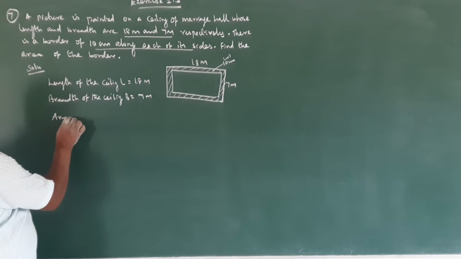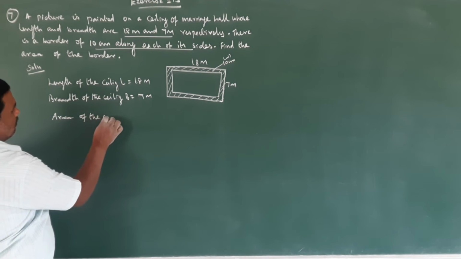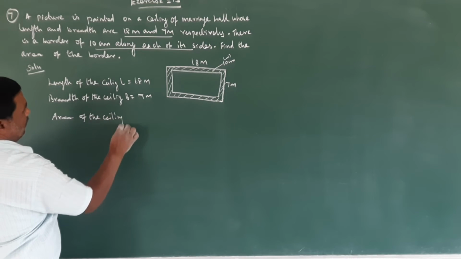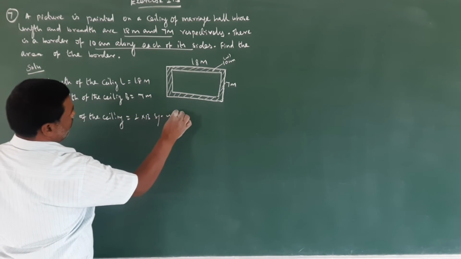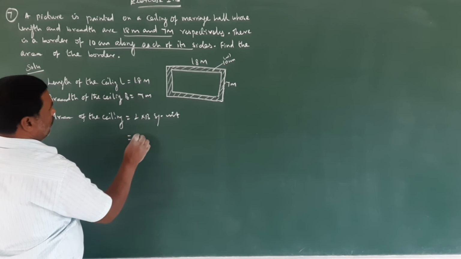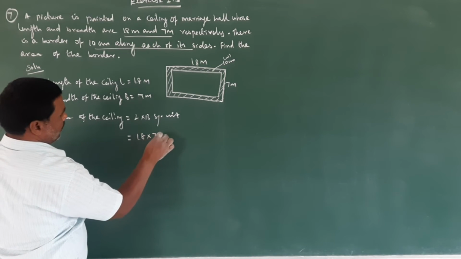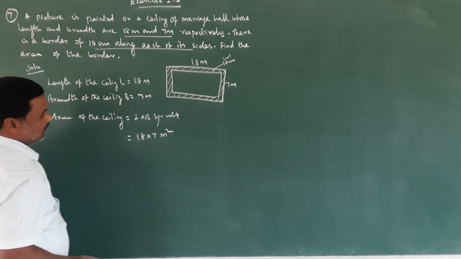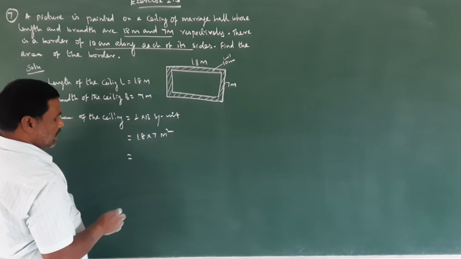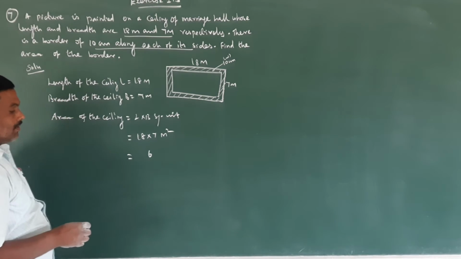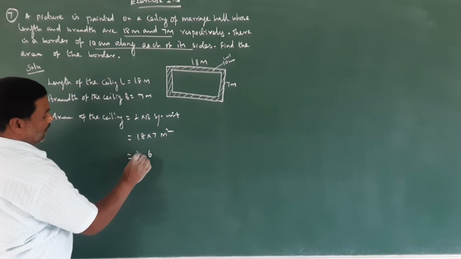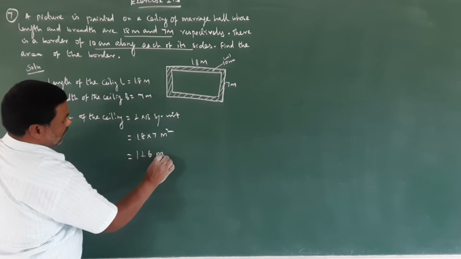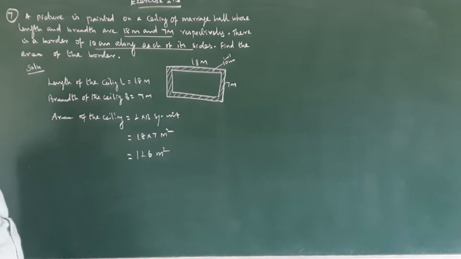Now area of the ceiling equal to L into B square unit. Now 18 into 7 meter square. 8 sevens are 56, remaining 5, 7 ones are 7, 12, 126 meter square.